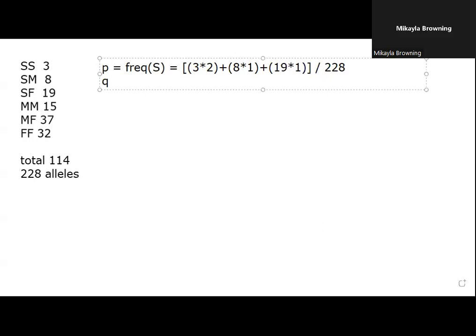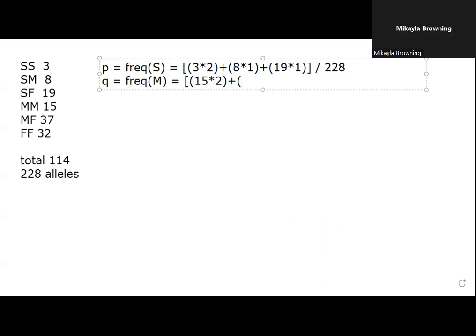Okay, we'll let q be the frequency of the M allele. That equals, let's see, we have 15 individuals that are homozygous for it, so that's 15 times 2.